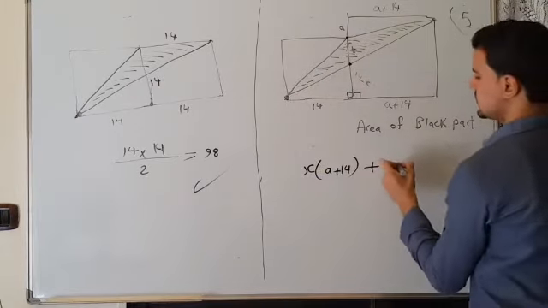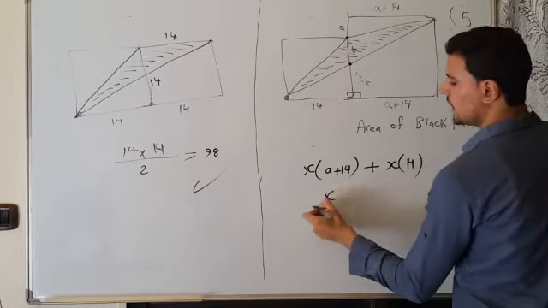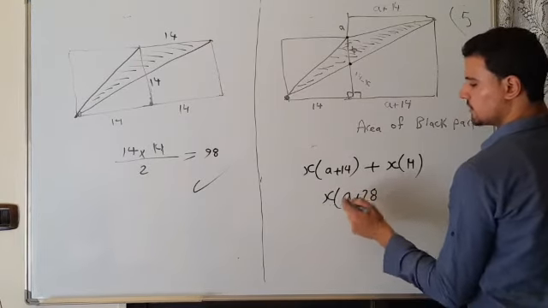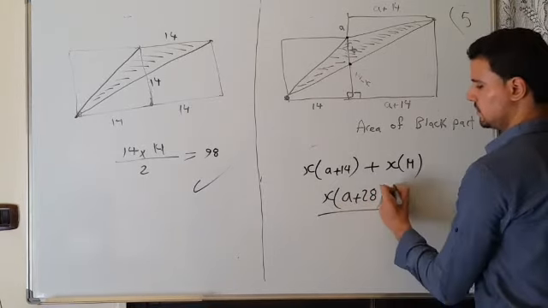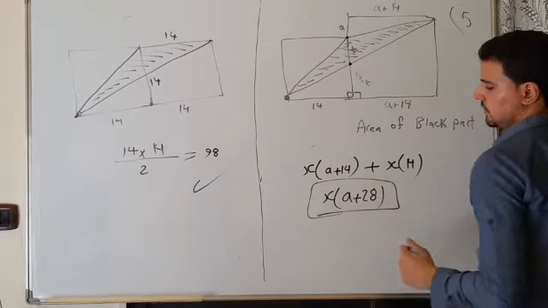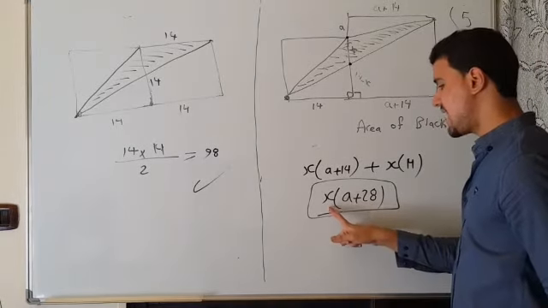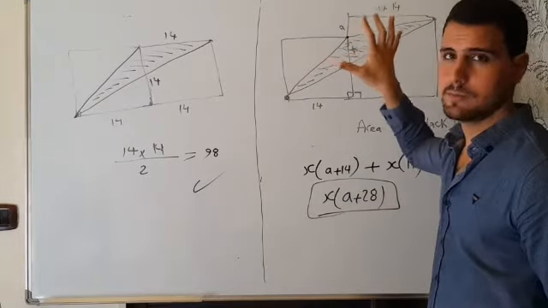The second part is x multiplied by 14. So in total it is x multiplied by a plus 28. And I assure you, you will find exactly what you need when you use the similarity ratio.